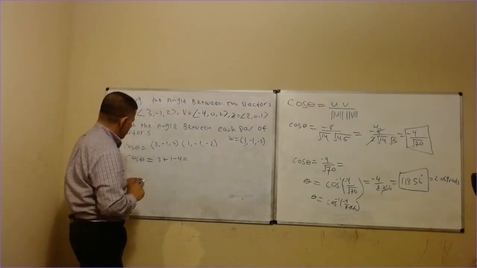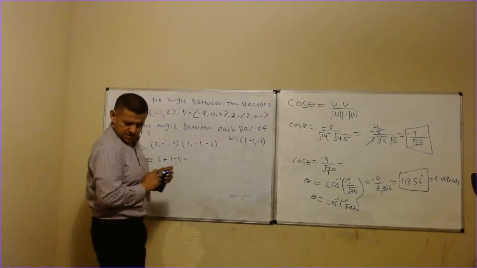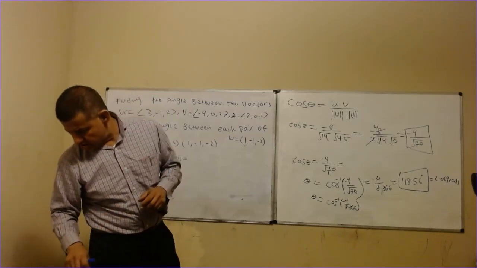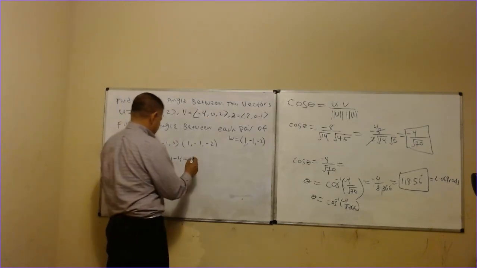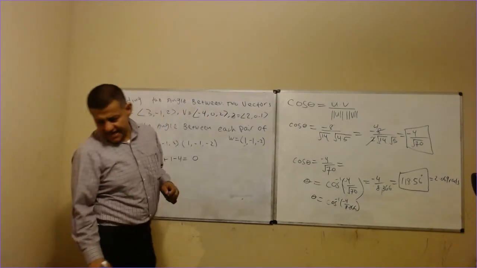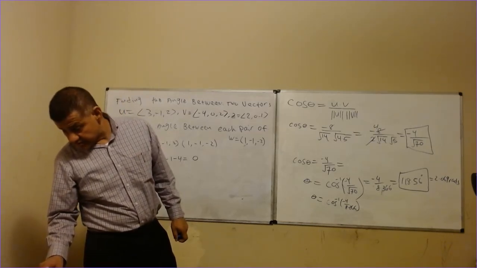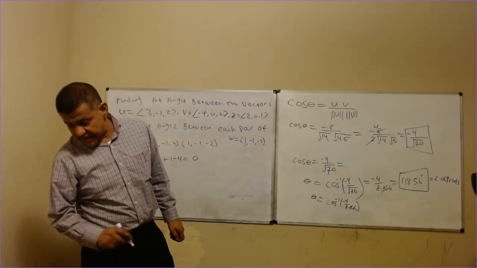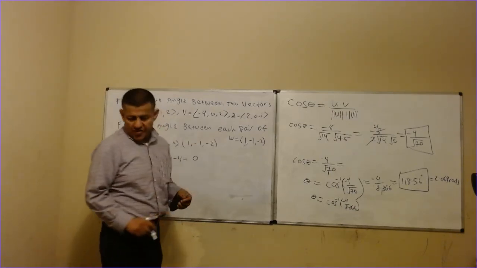Really? That would make a lot of sense, but let's see. I guess it does. So it's 0. So in this case, we have a situation where this vector is orthogonal.